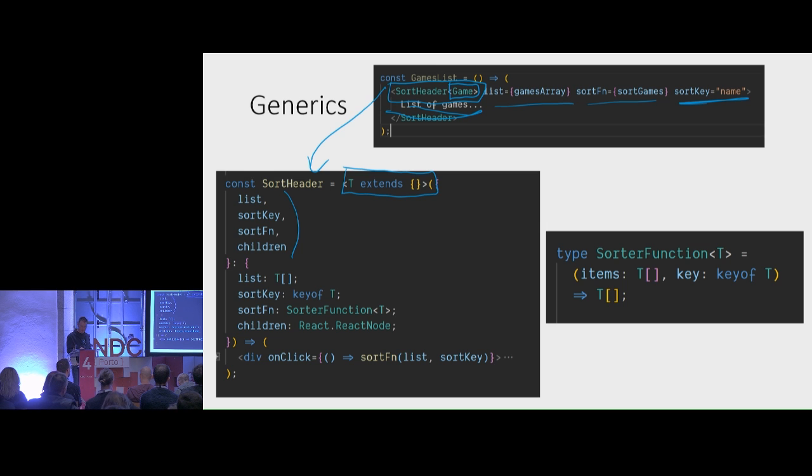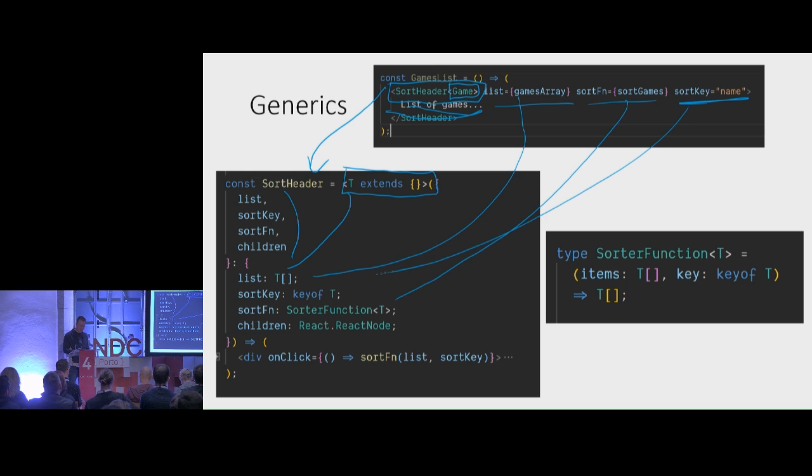So we know that this T is going to go here, and we say that it's a game, so this list, those things will match up, and this will ensure that when we use this sort header and we tell it the type is game, that the list that we provide to it is enforced that it must be a list of games. In the same way, the sort function will be enforced as a function that can operate on games.